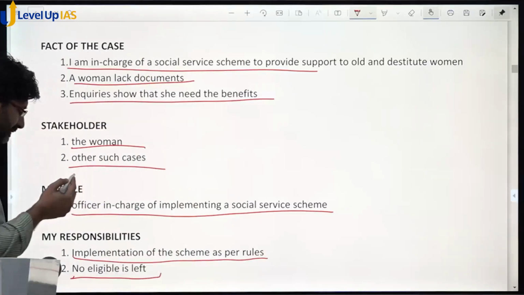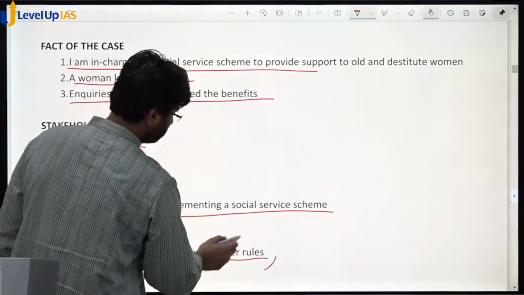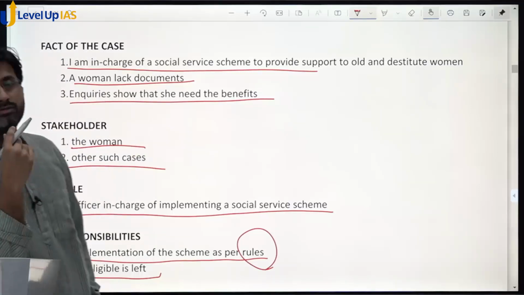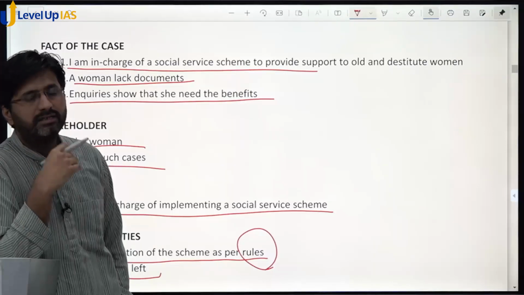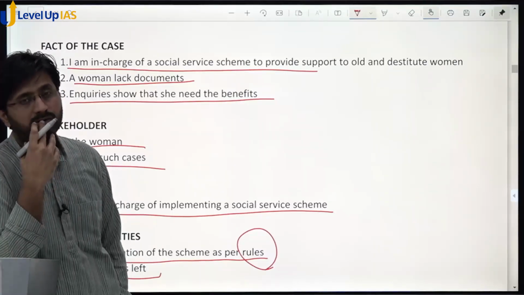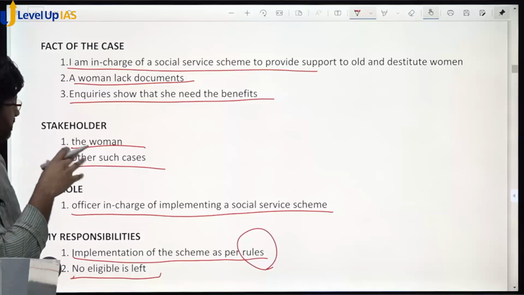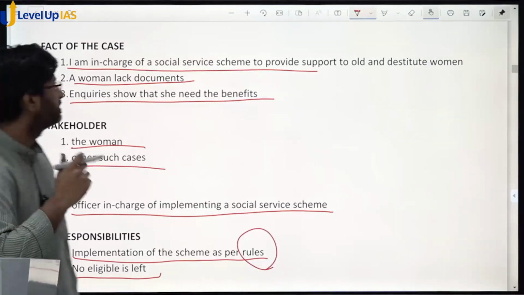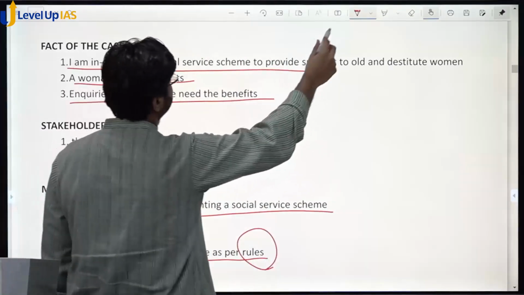That's the dilemma. How to establish eligibility, because according to the rules eligibility is established on paper, which is difficult here. So how to do it? That's the whole scene, right? This is the scenario and these are the responsibilities you need to go ahead with. Now let us see what you would do.